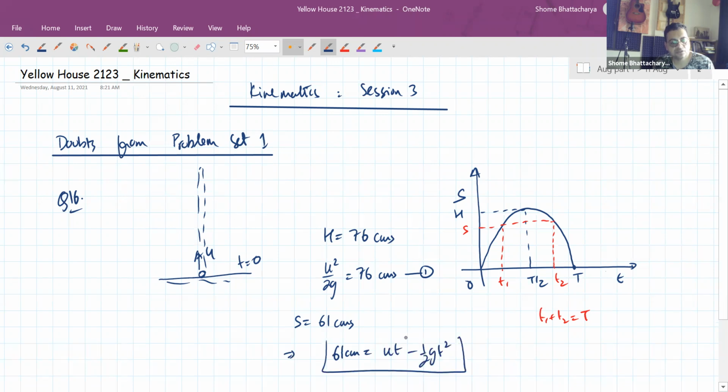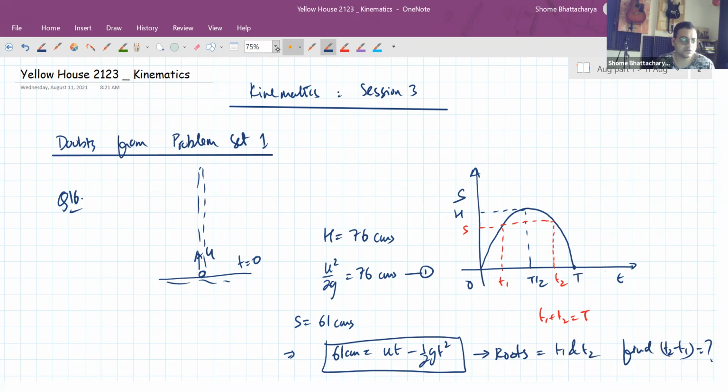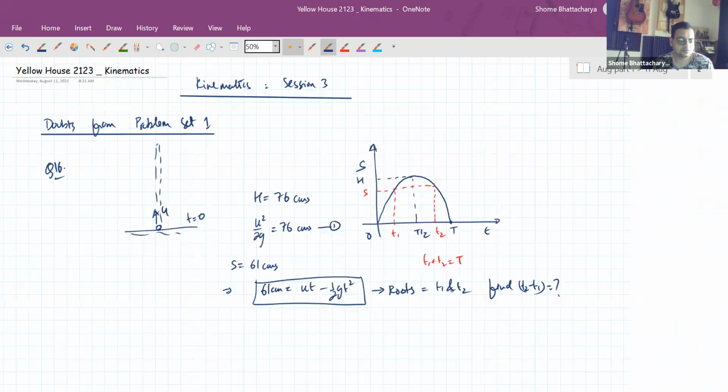The roots of this equation are basically T1 and T2, and we have to find T2 minus T1, how much time he's spending in that 15 centimeters on top. Is this clear now?